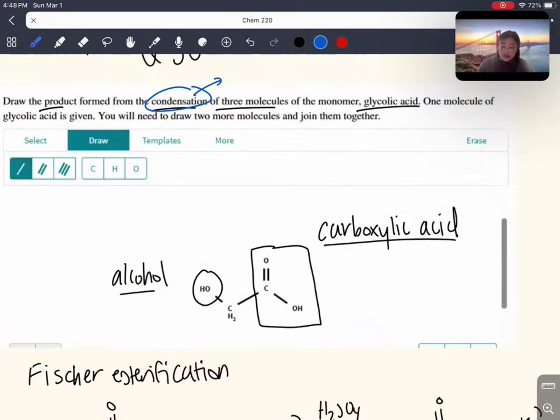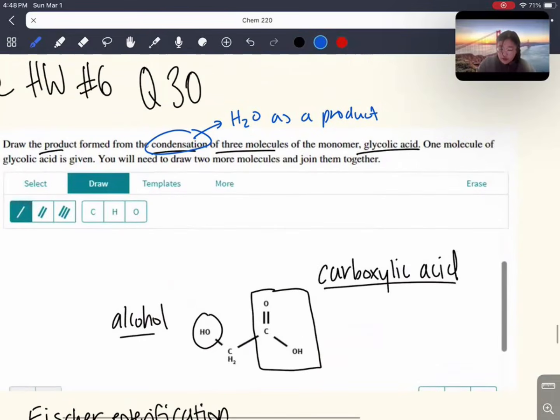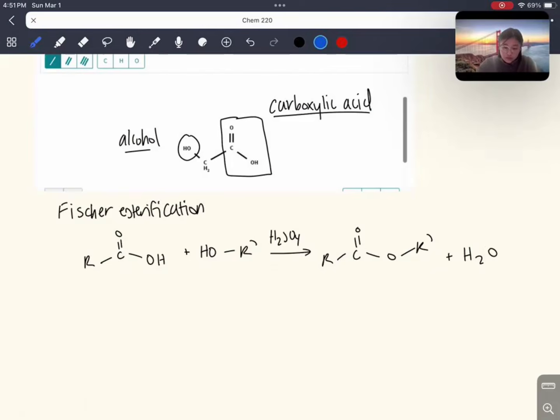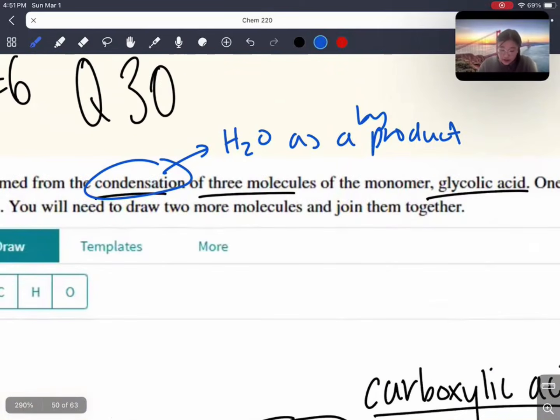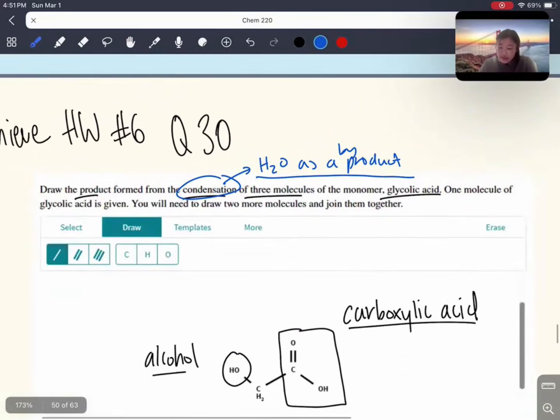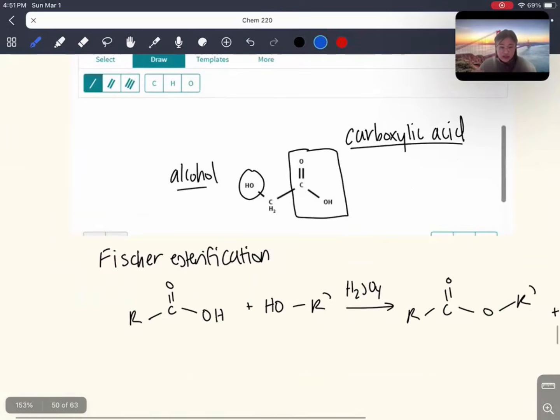Typically with a condensation reaction, you would have H2O as a byproduct. So this makes sense with the condensation part of the question, because condensation means that H2O leaves as a byproduct in your reaction. This lines up with the Fischer esterification mechanism that is happening over here.